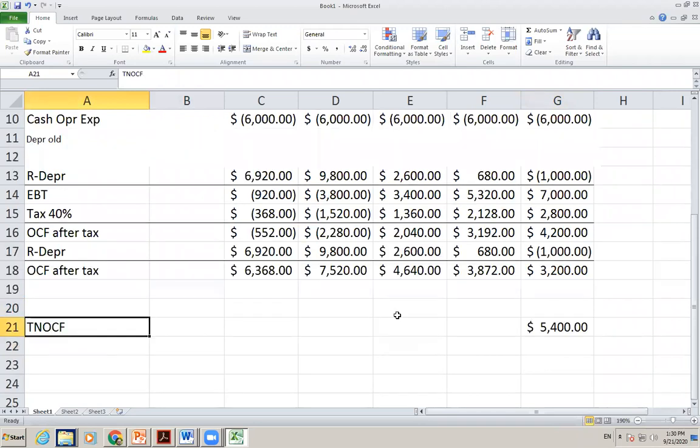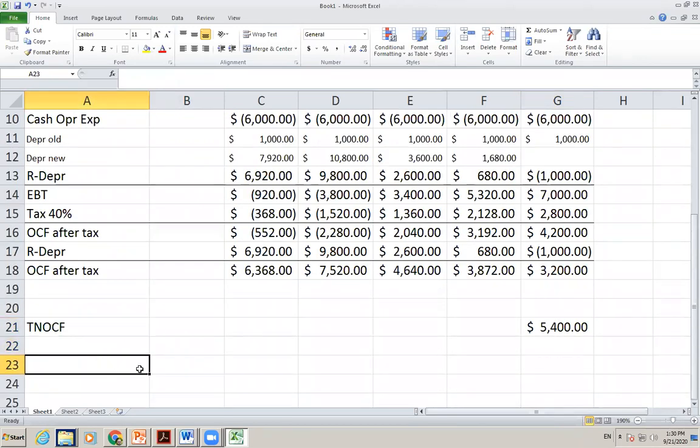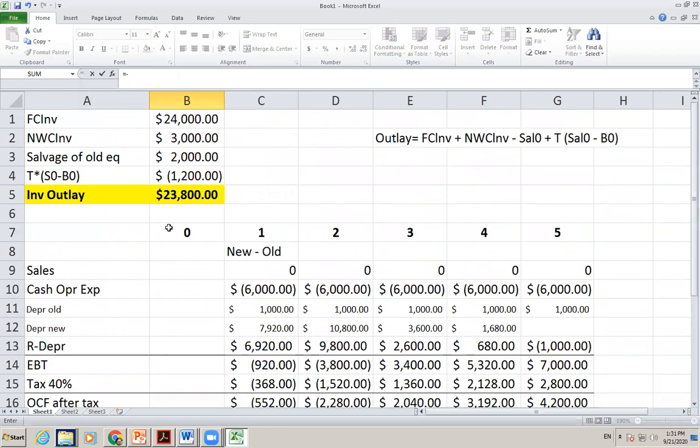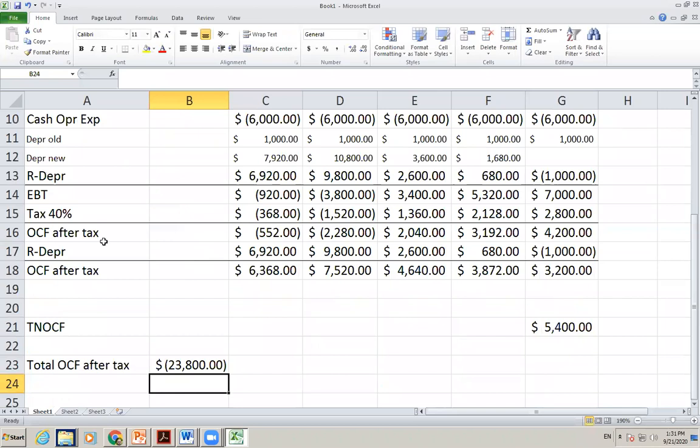Now, this is our terminal operating cash flow. Now we can calculate total operating cash flow after tax. So our total investment cost is here. Our cash flows are here.